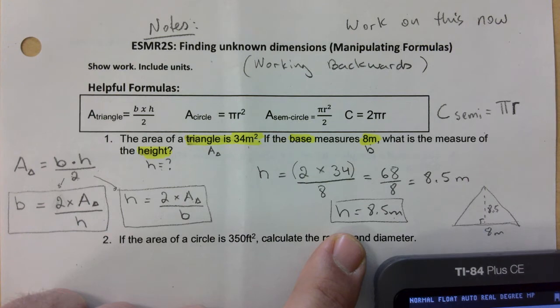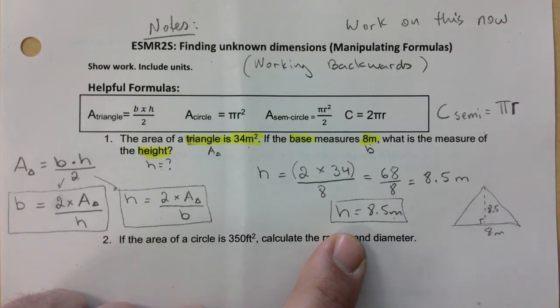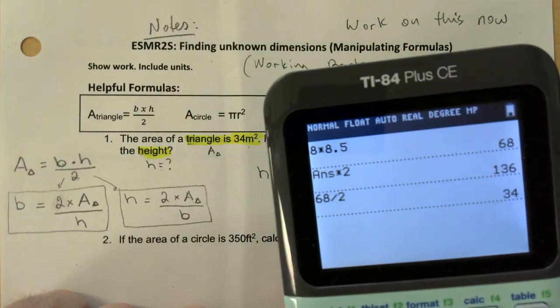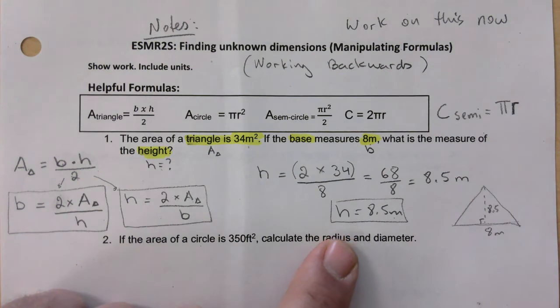Wait a minute. What happened here? Oh, I went times 2. Sorry. Divided by 2 is 34 there. 68 divided by 2 is 34. So this checks out. This is what they wanted.